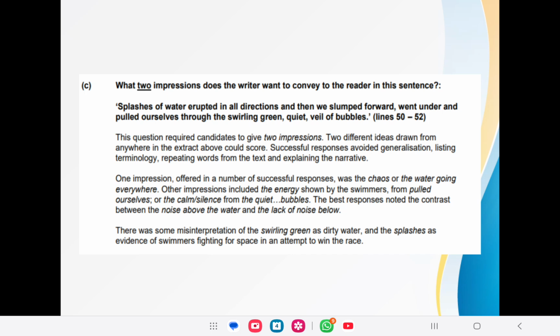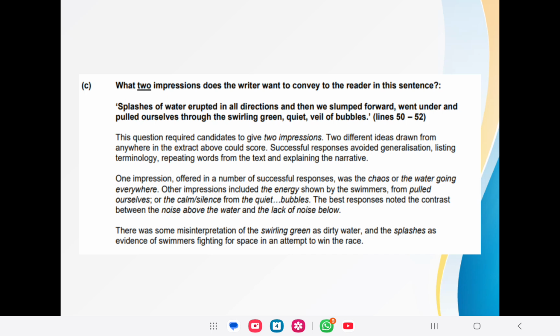I think I remember there were a number of students, when you attempted this in one of your long assessments, who wrote this comparison, that life under the sea was quiet, in contrast to the activity above, it was calm.